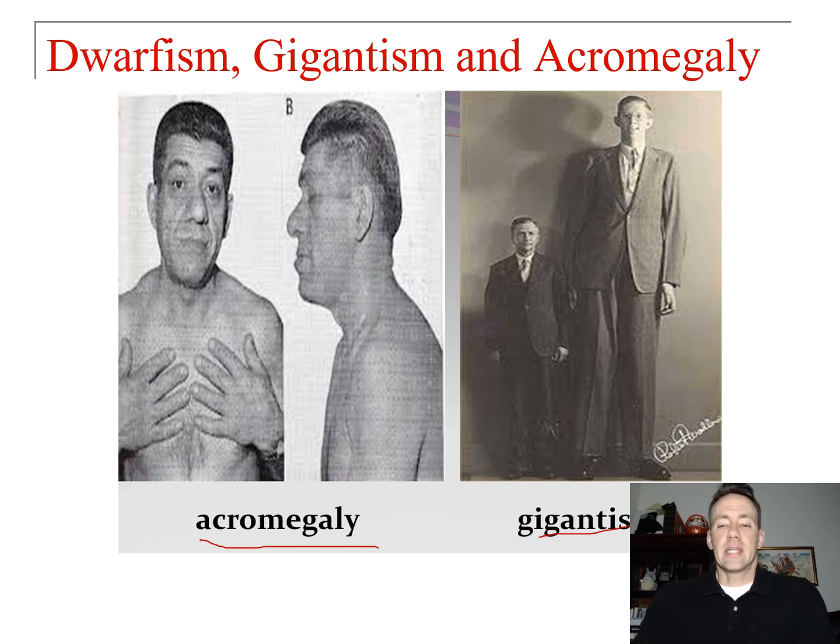Gigantism is really defined as growth hormone levels that are high prior to the adolescent growth spurt. So the growth hormone stimulates linear growth and can do so excessively. You can get an individual who could be 8 feet tall, and they're generally fairly proportional looking, as all the organs and everything else grow with it.